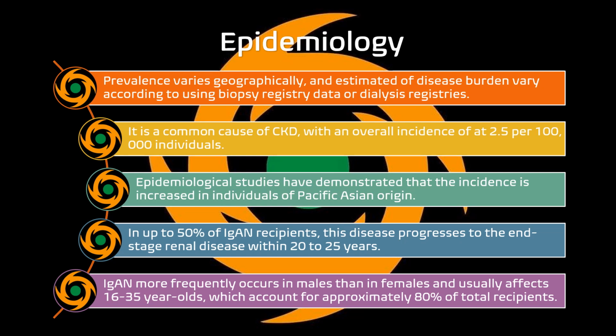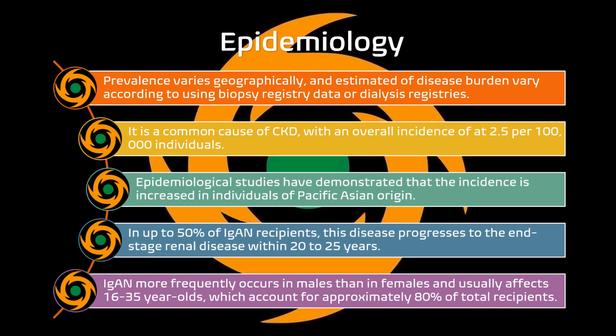The bases around IgA nephropathy have been evidenced through nephrology based registry data, and it is a common cause of chronic kidney disease, or CKD, with overall incidence of about 2.5 per 100,000 individuals.